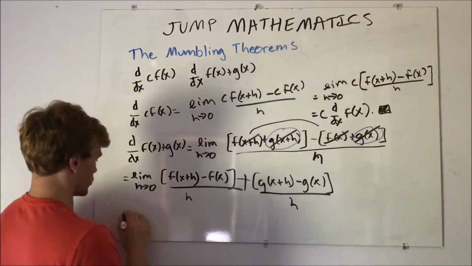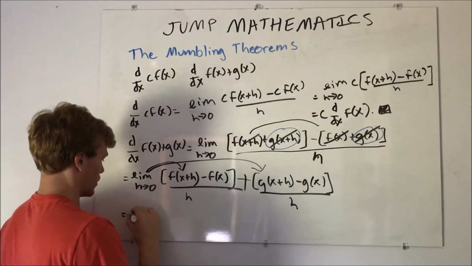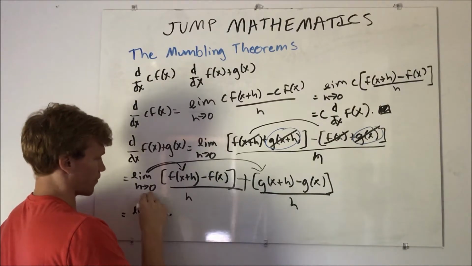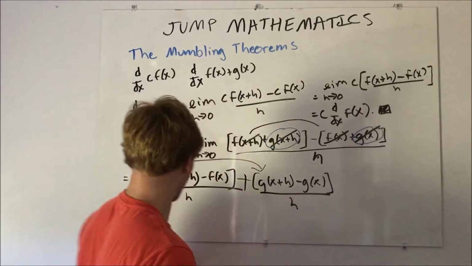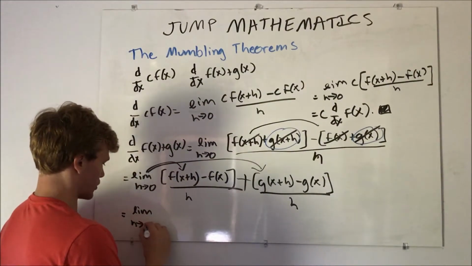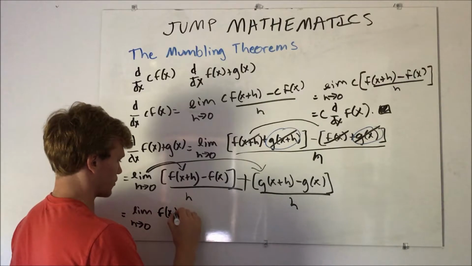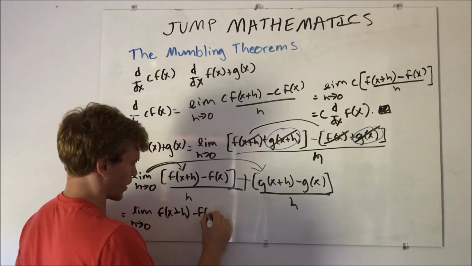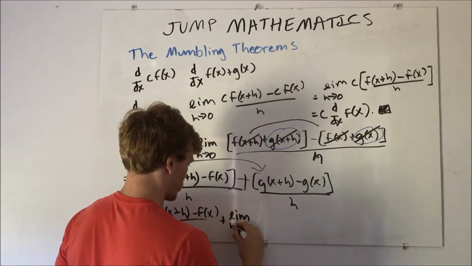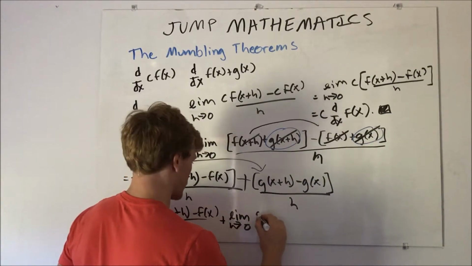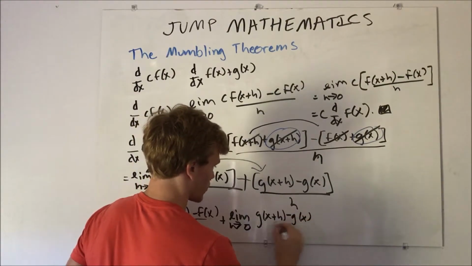Then this is equal to, of course, I'm going to distribute this limit into both of these, because the limit of a sum is the sum of the limits. Maybe we'll prove that in the next video. The limit as h goes to 0 of f of x plus h minus f of x all over h, plus the limit as h goes to 0 of g of x plus h minus g of x over h.